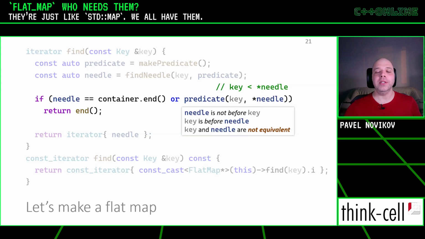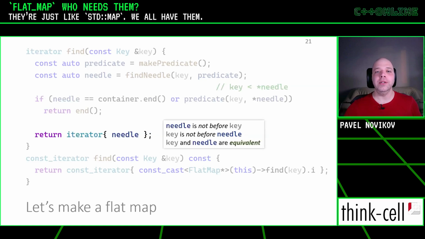But we find out that the key is before the needle, so we can get from that that key and needle are not equivalent. Therefore, we can say that the element with an equivalent key is not found, and we return the end iterator.